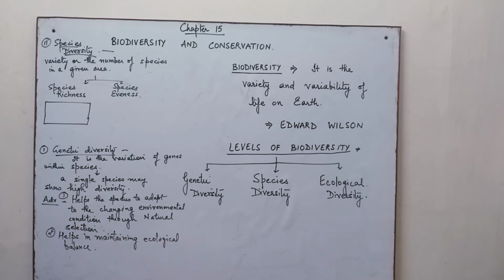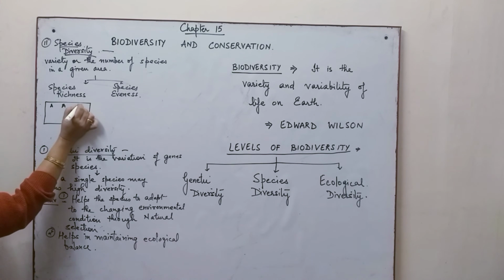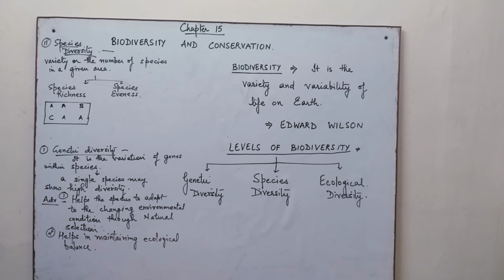if we take a sample area and we find, suppose, species B, C, A and A, inhabiting a particular area. So in the first case, for species richness, we find three species occupying a particular area.